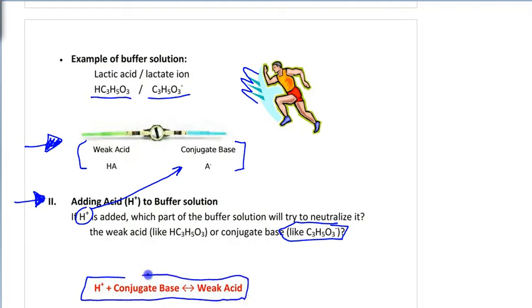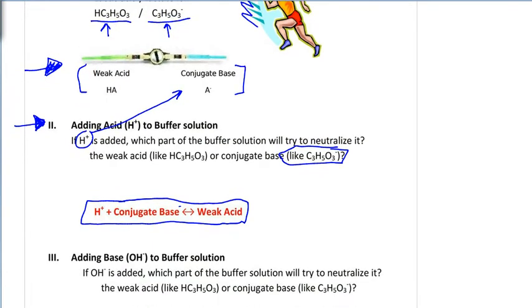If you add an acid, like H+ ions, the conjugate base will react to completely neutralize it and turn it into the weak acid component. Because once that conjugate base gains the proton, it is now like the weak acid. Like if the lactate gains a hydrogen, it becomes lactic acid. On the other hand, what if we added base to the buffer solution? Well, base is OH-, and so it will probably react with the acid.